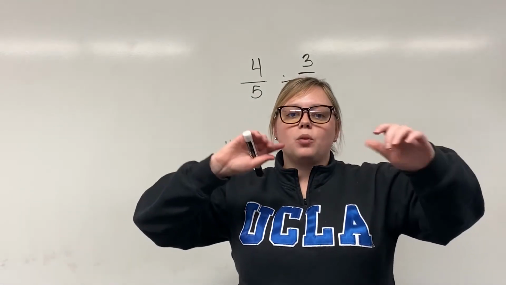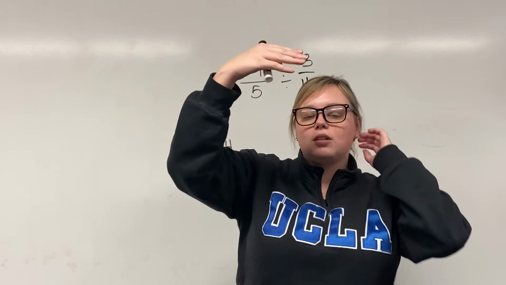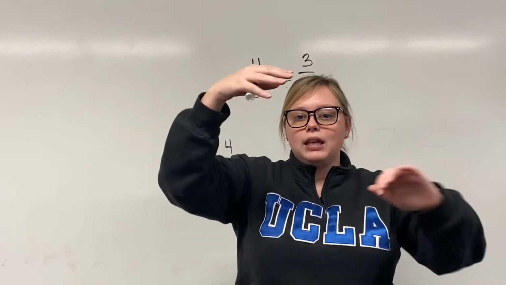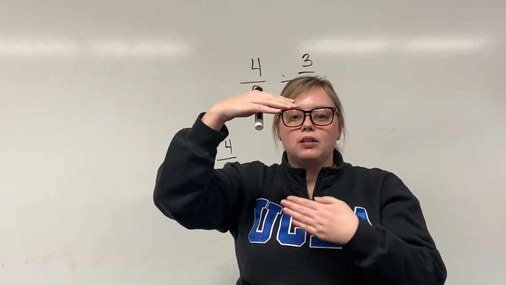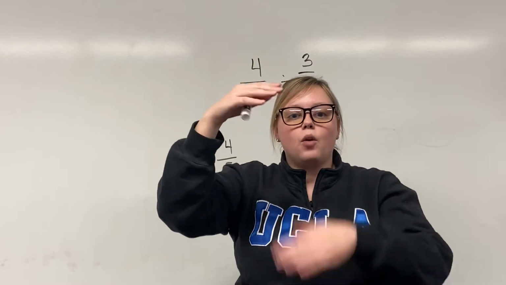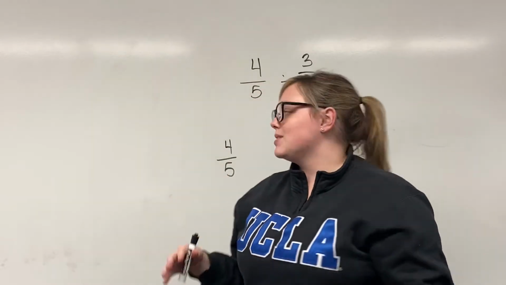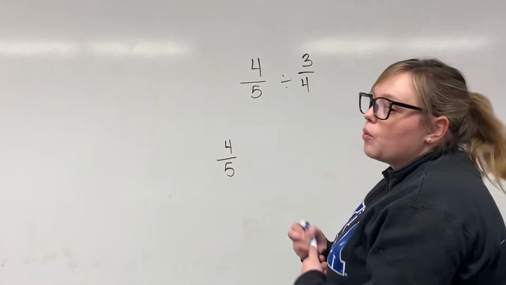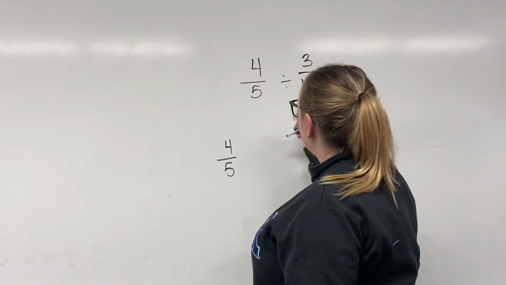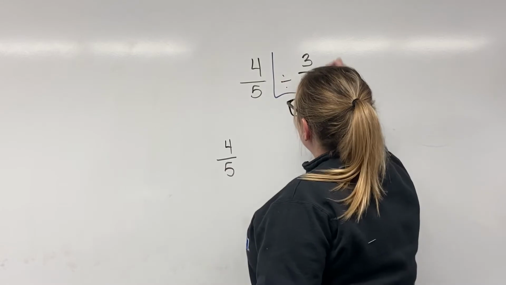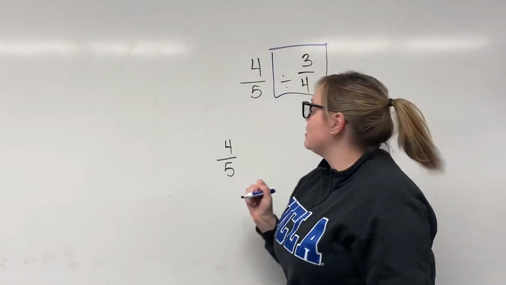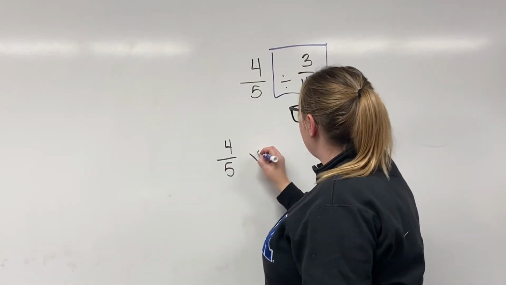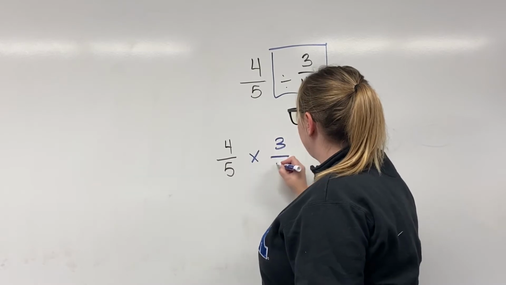We're making it so we're just seeing how much of what we have is over how much we want, like the 8 over 6 from our last problems. So I'm going to find how much I have over how much I want to separate it. And when I find the reciprocal, I find the reciprocal of the whole second part of the sentence. So it's going to be times 3/4.